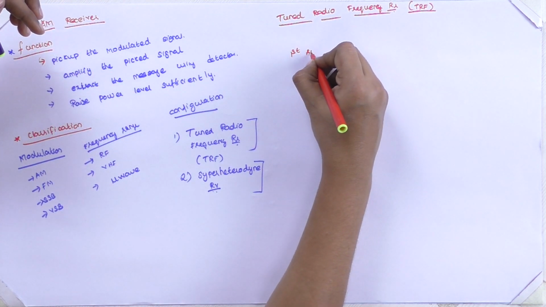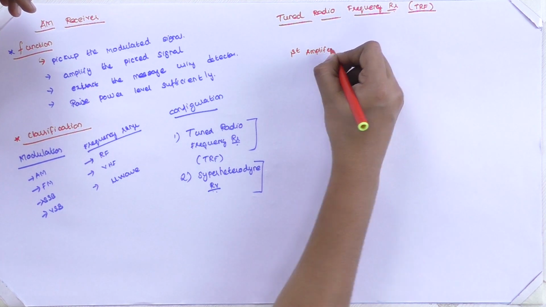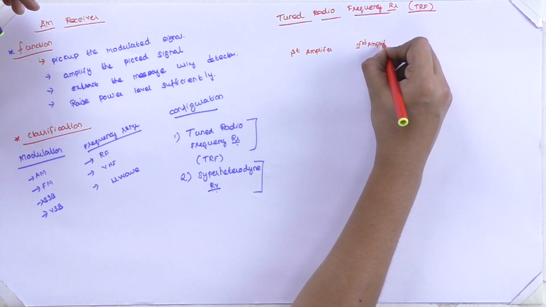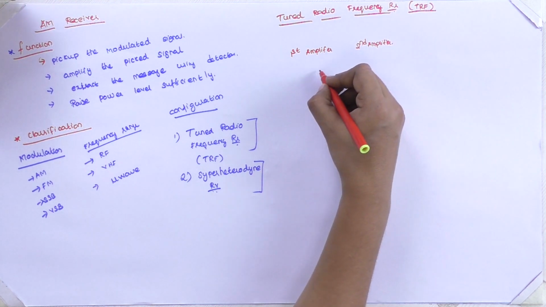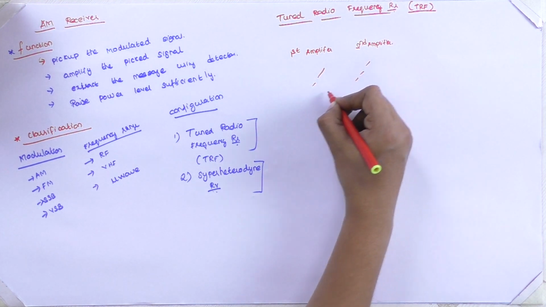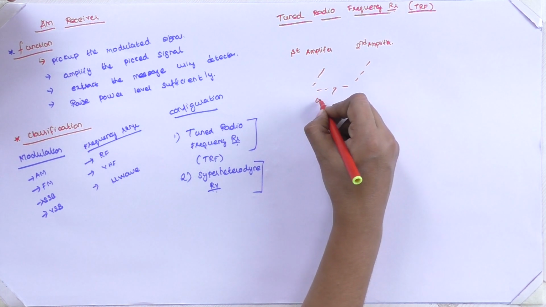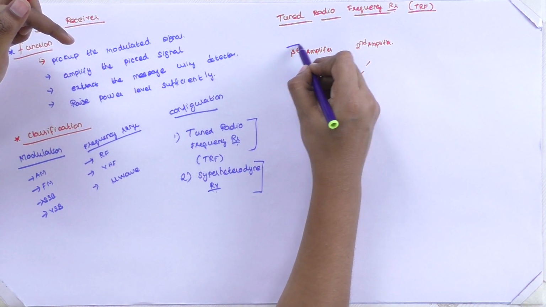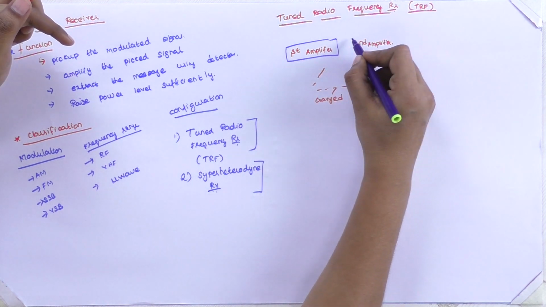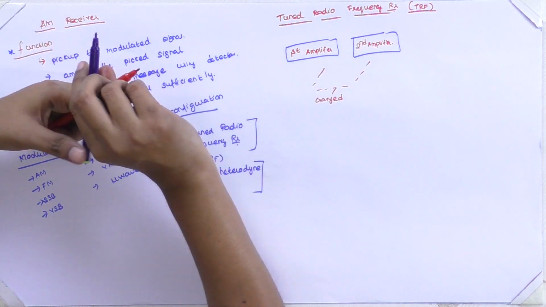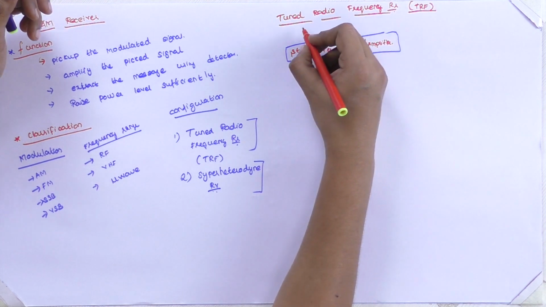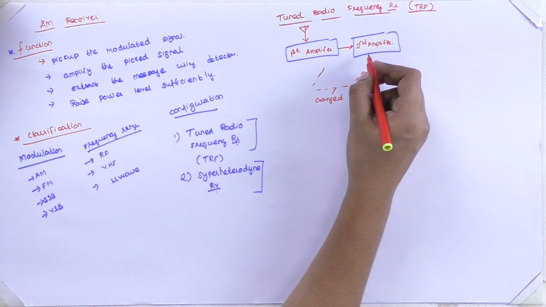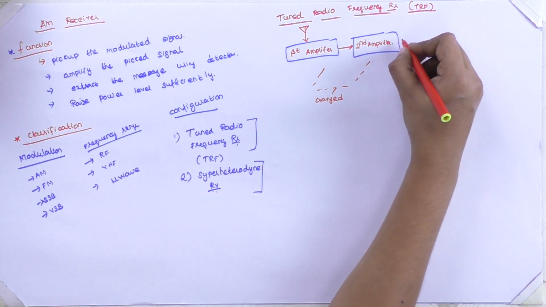We will have a series of amplifier stages, first, second, up to n amplifiers, but all the amplifiers are tuned to the single frequency, that is why it is referred as ganged. After picking up the signal, it is applied to the first amplifier and then to the end stages of amplifier.